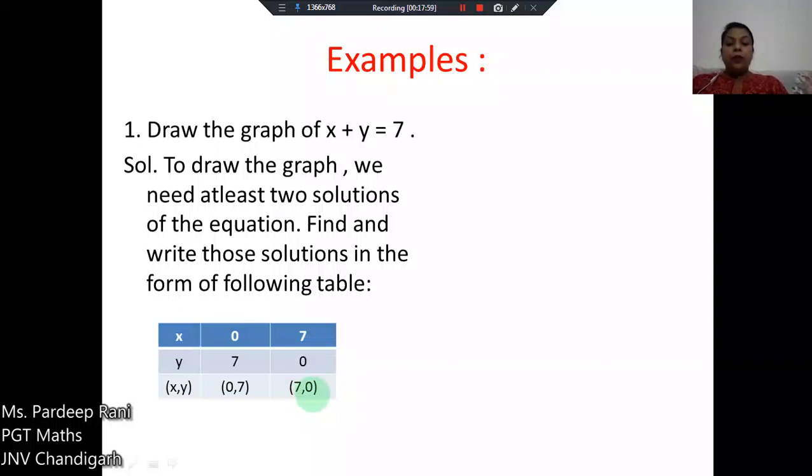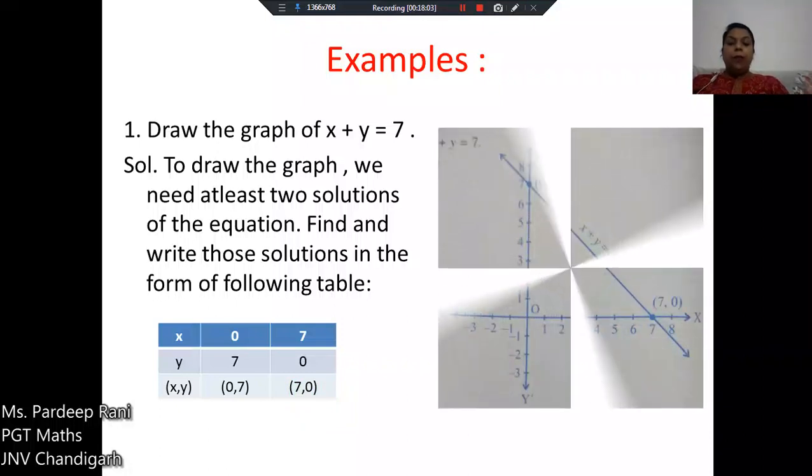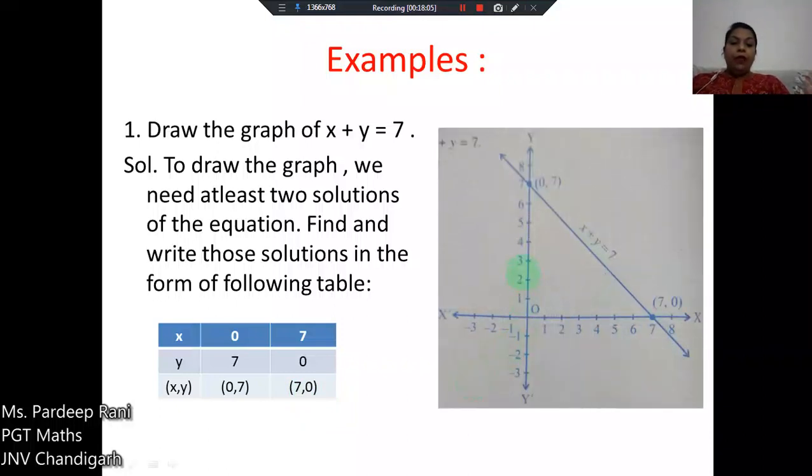Now comes the turn of plotting these points on the plane. We are taking x-axis and y-axis. Points are marked on x-axis as well as y-axis.